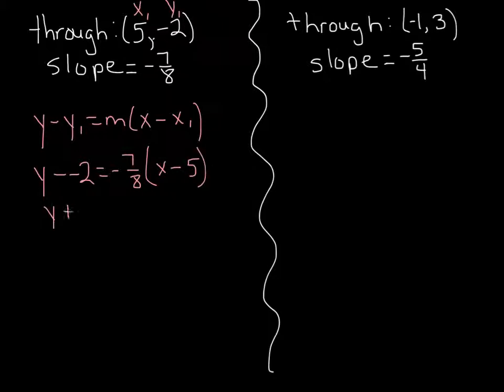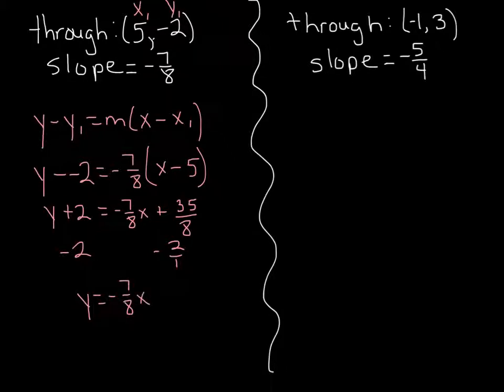So y plus 2 equals -7/8 x plus 35/8. Then we need to subtract 2/1 since that's a fraction.